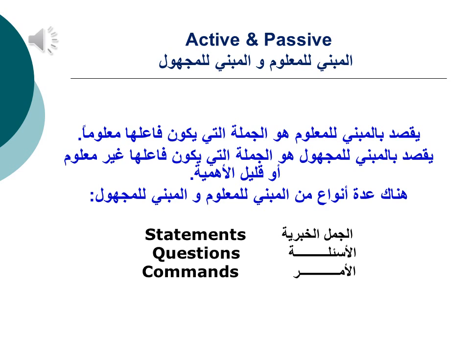In active voice, the person who does the action is known, while a passive voice sentence is a sentence in which the person who does the action is not known.